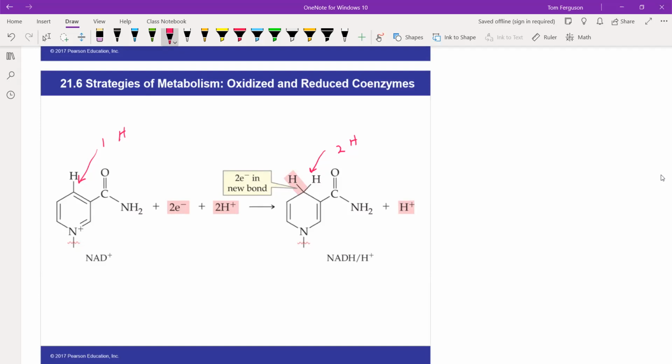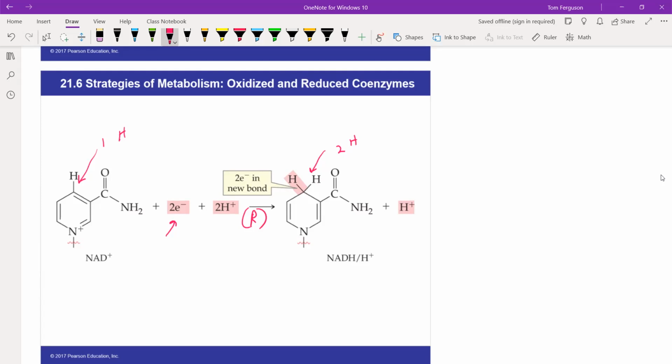The one on the right, the NADH, has gained a hydrogen. That means it's being reduced. So this is receiving electrons.